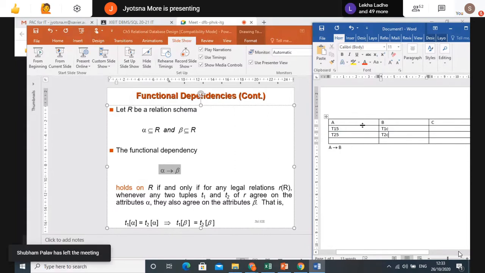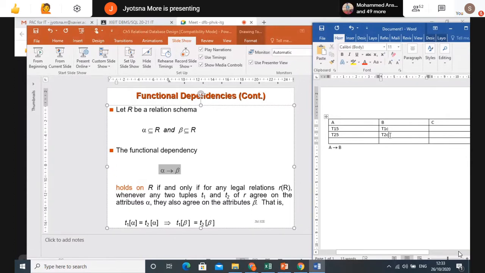What the values are, we will see when we go to the questions or sums based on this functional dependency. So if I say A determines B, it means for tuples T1 of alpha equal to T2 of alpha, it implies T1 of beta equal to T2 of beta.